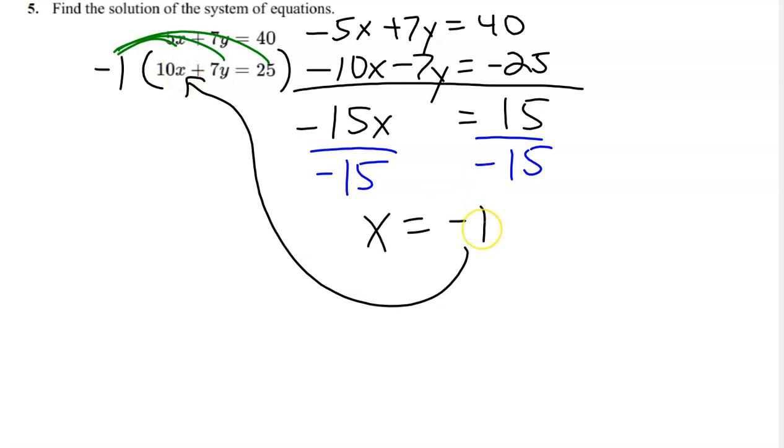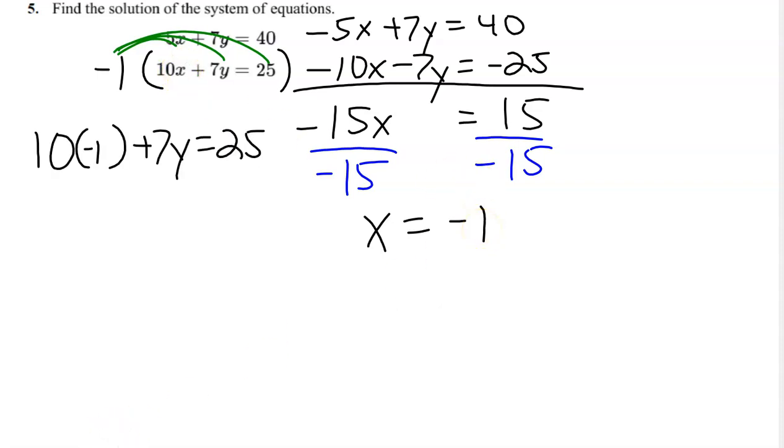Replace the x with negative 1 here. And that's going to give me 10 times x, which is now negative 1, plus 7y is equal to 25. Okay, positive times a negative is a negative, and 10 times 1 is 10. So I got negative 10 plus 7y is equal to 25.